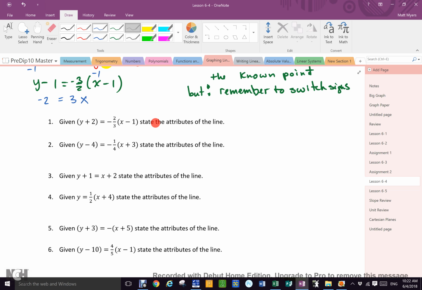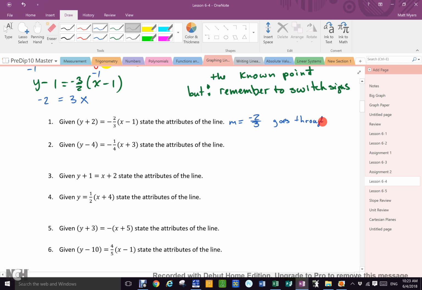All right, so back to attributes. What do you know about this line? You know some stuff. What do you know? The slope. You know the slope? It has the slope of what? -2/3. And it goes through what point? 0, 2.